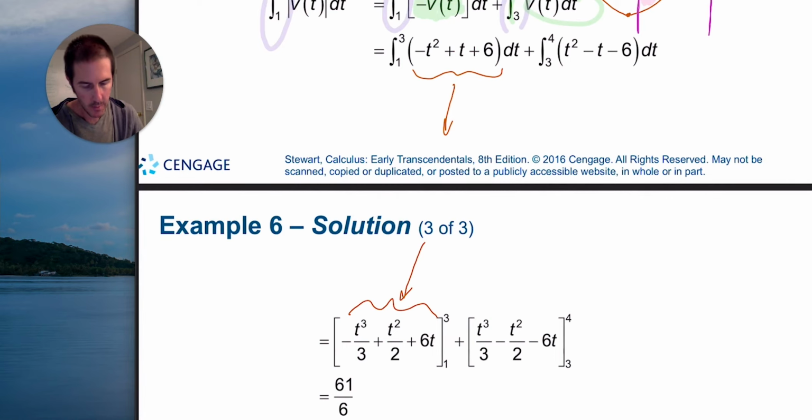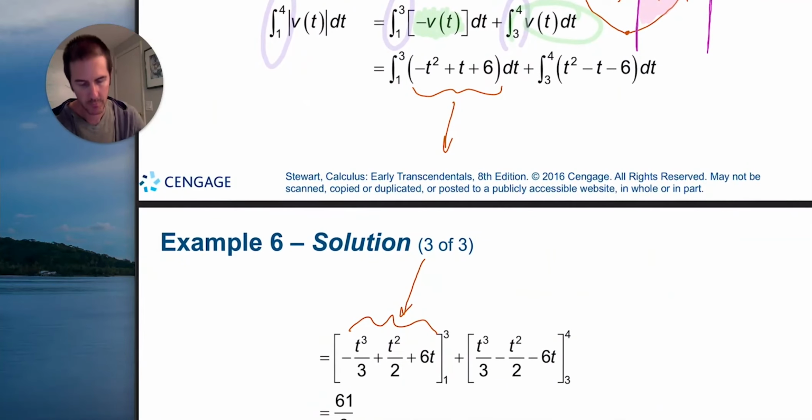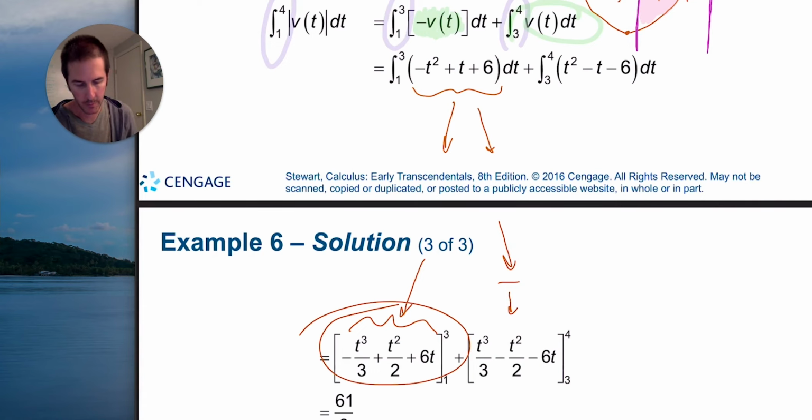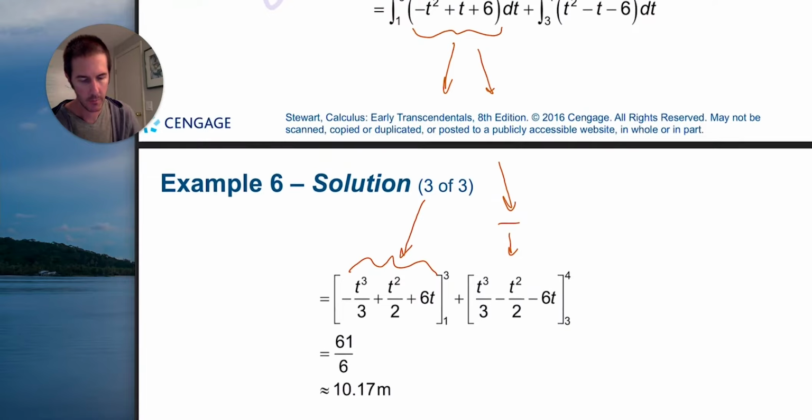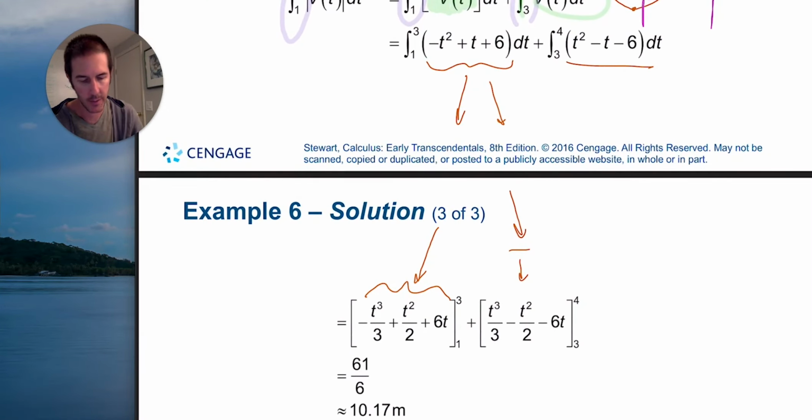And then this over here is actually just the opposite. That's a negative sign. It's the opposite of the previous antiderivative, this one over here. Okay, they're literally opposites of each other. Why take the antiderivative twice, right? This thing is just the opposite of the stuff to the left of it.